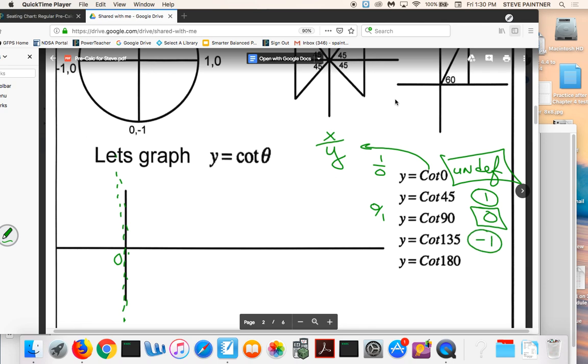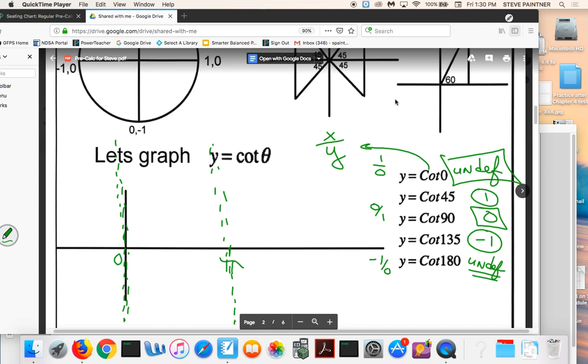What about pi or 180 right here? Isn't it -1 over what? 0? But that's what? Undefined. Got it. Okay, so here's 0. 180 is right about here. I'm going to put pi instead. And you know there's no answer, so it's vertical. Vertical here.